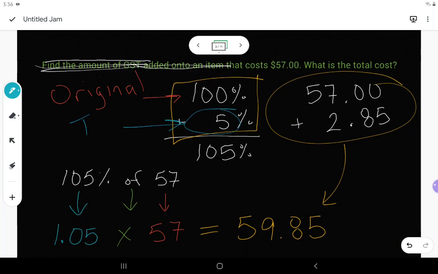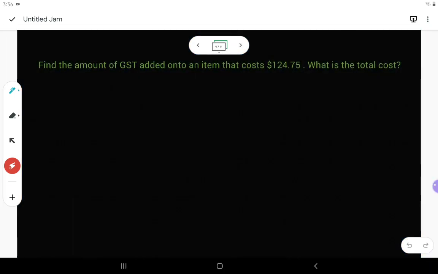Okay, that's the extra tax. So in total, I have to pay 105% of the item's cost, right? The 100 keeps the original portion, the 5% adds on my 5% tax, so I have to pay in total 105% of what it costs. So if you don't need to find the GST separately, there's a way you can cheat.